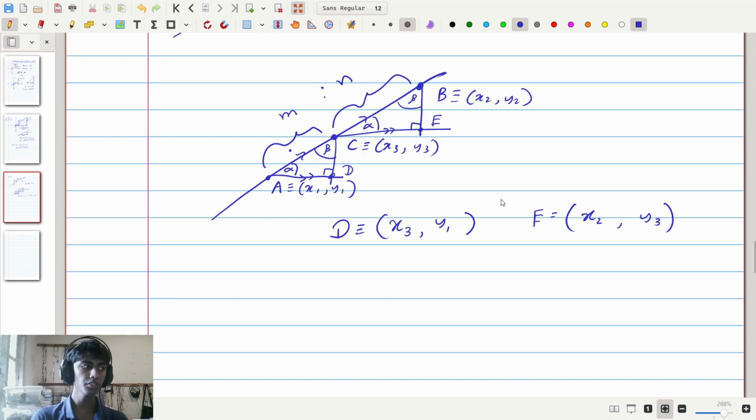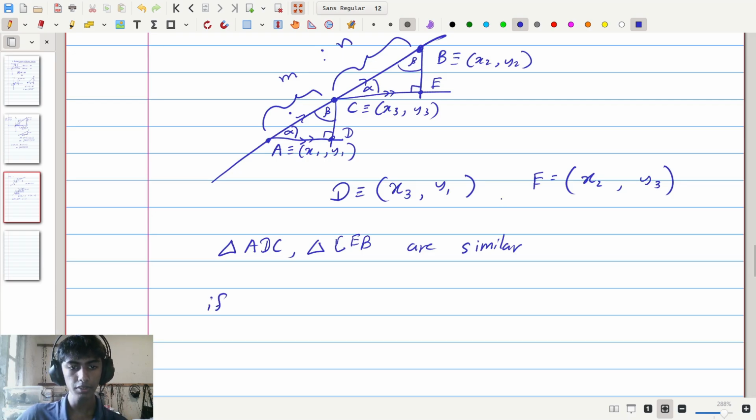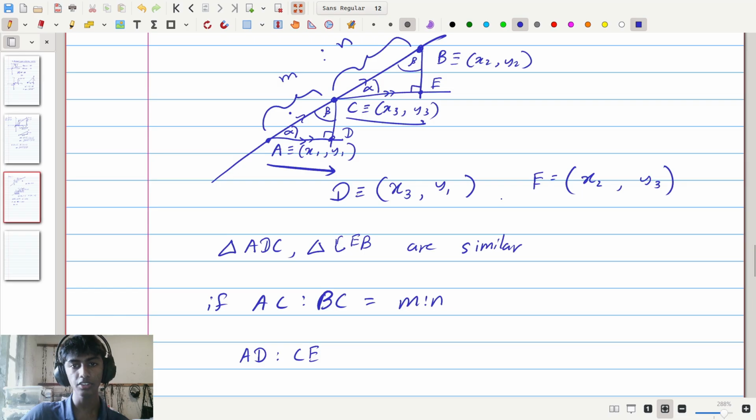Now, by the fact that these two triangles, triangle ADC and triangle CEB, are similar, if the ratio of AC to BC is m to n, we can also say the ratio AD to CE, comparing the two corresponding sides, this side and this side, should also equal m to n.